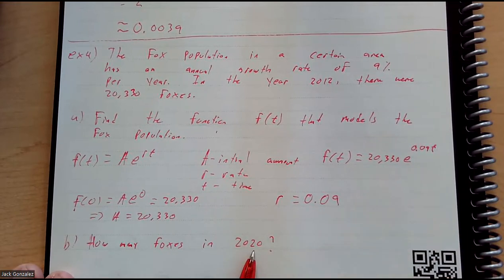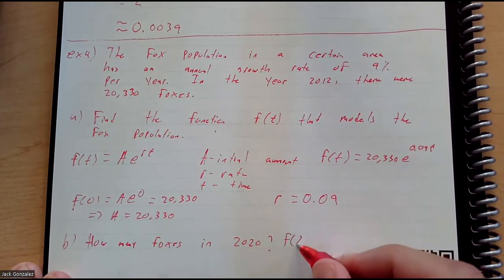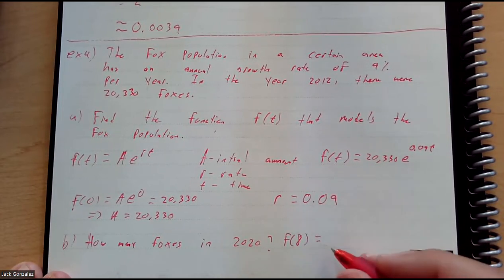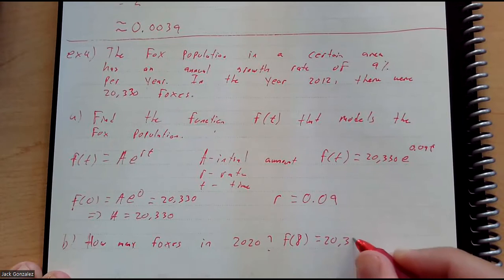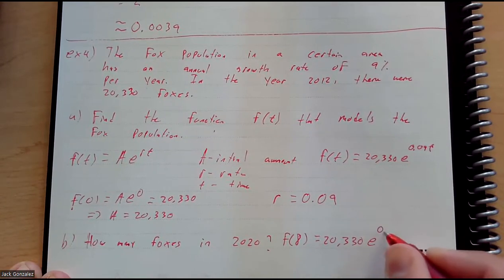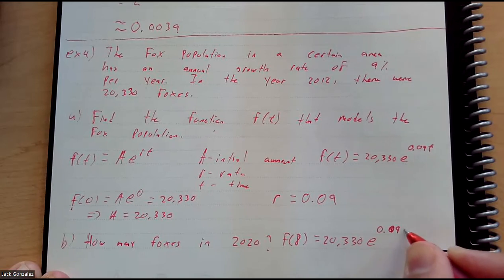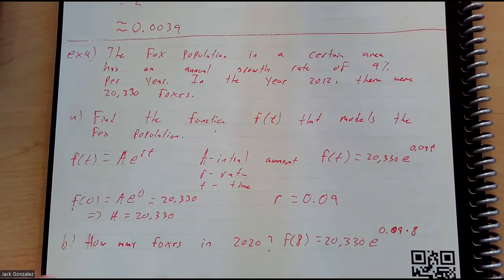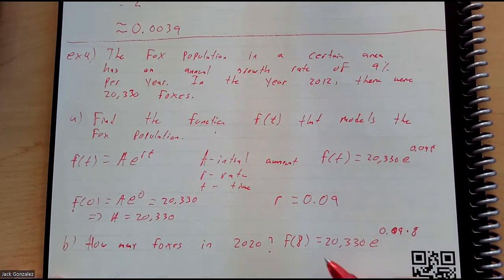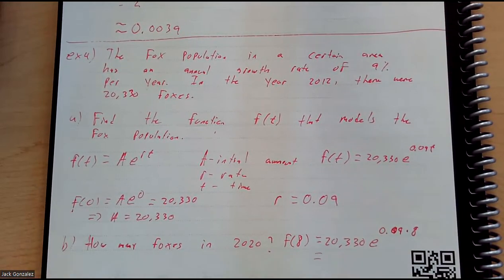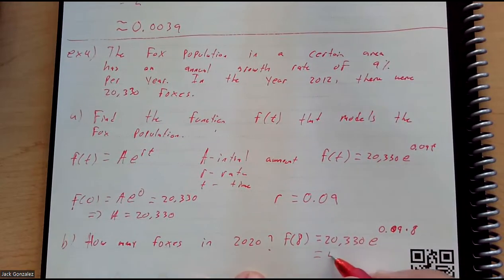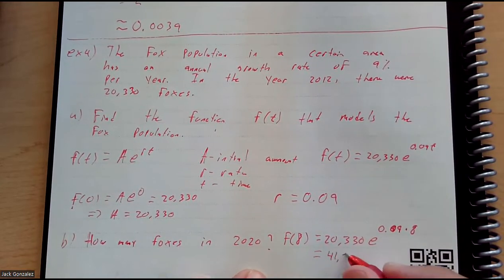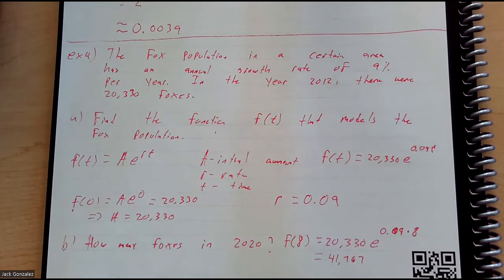Right, that's 8 years later. So we can assume that this is year 8. That makes sense? So just plug it in your calculator. And that's it. Whatever that is. I think I got 41,767 a lot earlier.